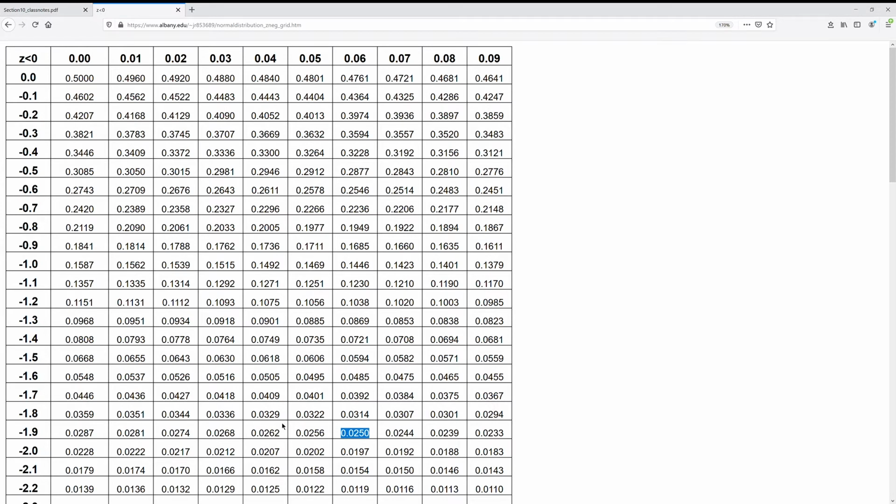So again, 95% in the middle leaves 5%, 0.05 for the tail. Divide by 2, 0.025, 2.5% for each tail. And the z that corresponds to that is negative 1.96.